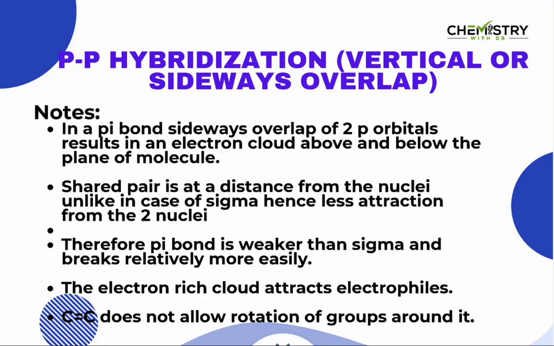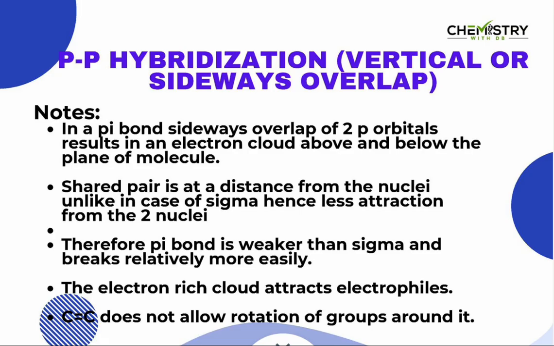The shared pair of electrons is at a distance from the nuclei of the two atoms, unlike in sigma, where it was right in between. Therefore, there is less attraction from the two nuclei. This is the reason that the pi bond is weaker than the sigma and it breaks relatively more easily.